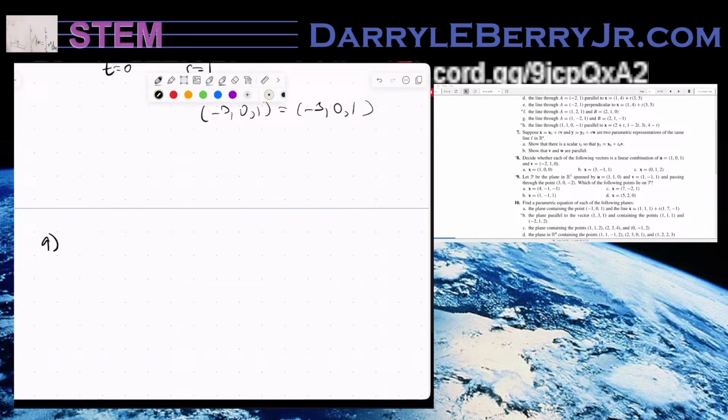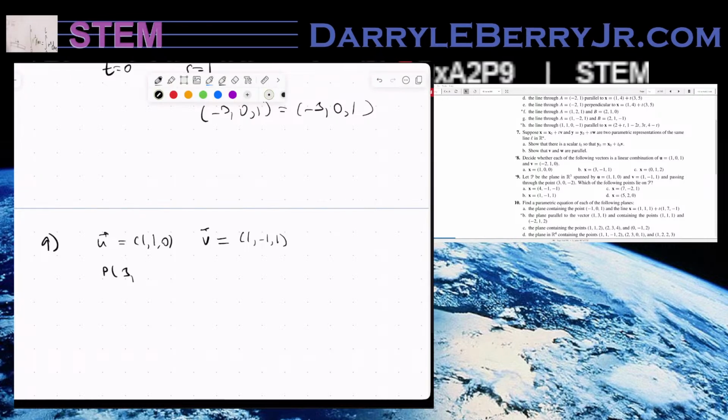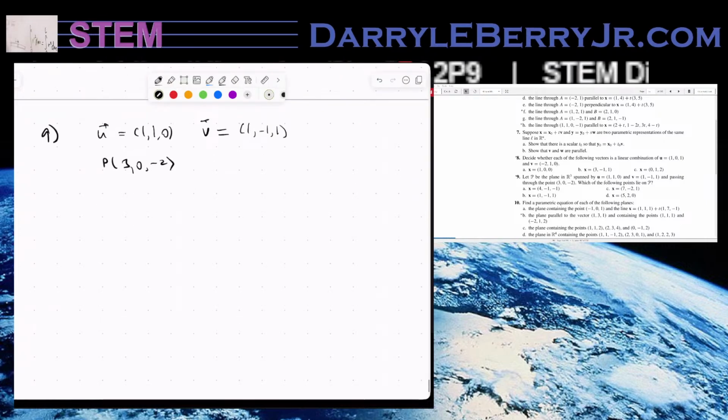So we have U equals (1, 1, 0). We have V equals (1, -1, 1). And the point that the plane is passing through is (3, 0, -2). So we know that the plane is basically this type of equation, right?